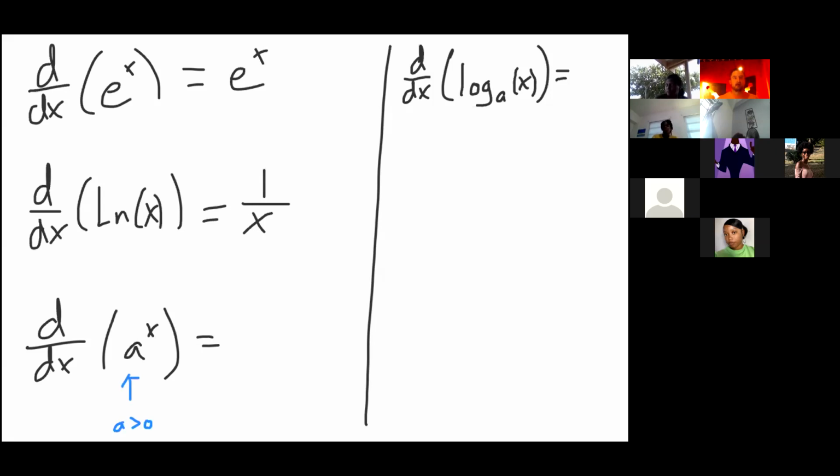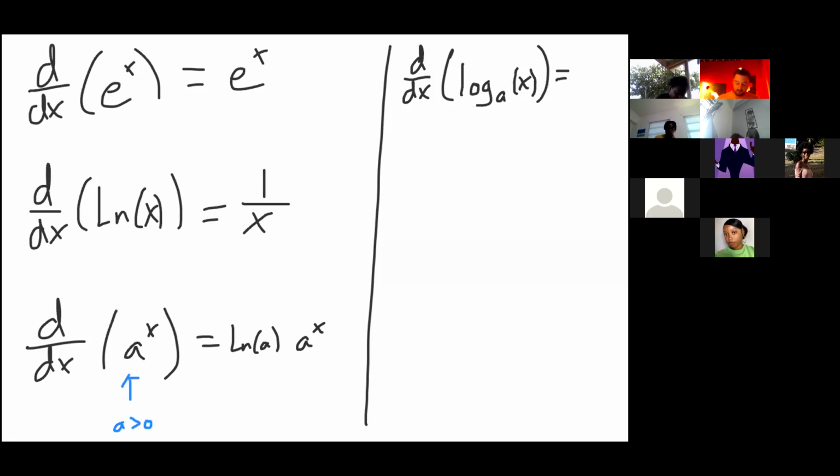But the derivative of a to the x looks similar to e to the x. The derivative of any exponential function is whatever that exponential function is, but I need to multiply it by the natural log of whatever the base is.